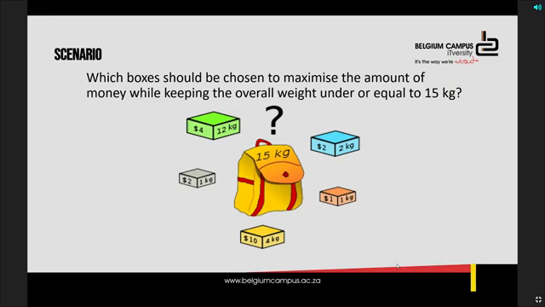We want to maximize the amount of money. So each item that we can put into this knapsack has worth or some kind of monetary value. So we're going to be looking at those values as our objective function values that you want to maximize. I mean, money you want to maximize unless it's costs.